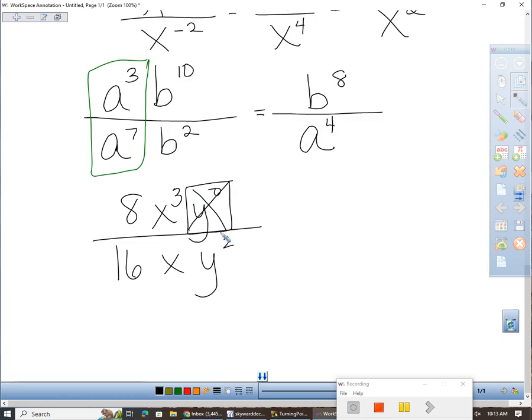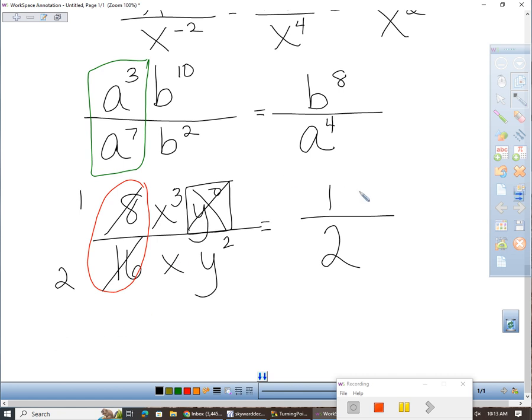All right, now we're going to start with our coefficients. Right here. What goes into both 8 and 16? 8, very good. 8 goes into 8 once. 8 goes into 16 twice. So right now I have 1 over 2. Go to our x's. Where do I have more x's?